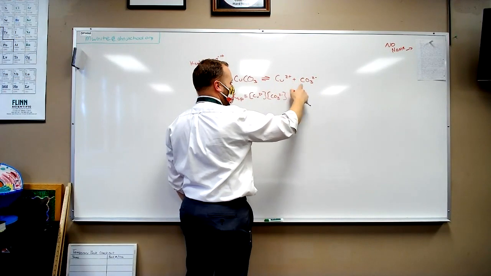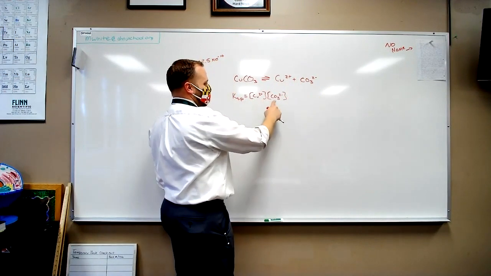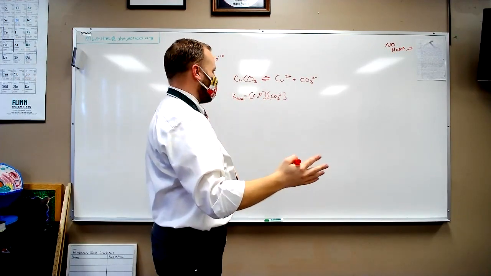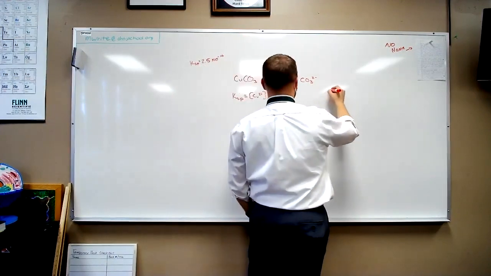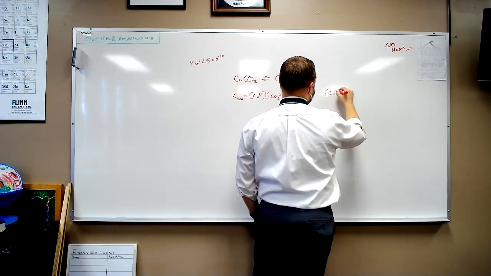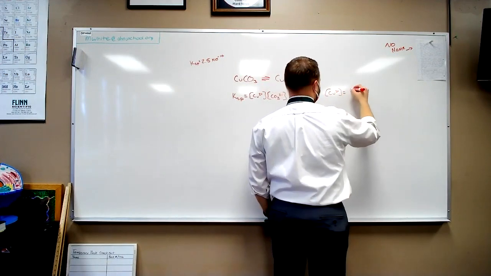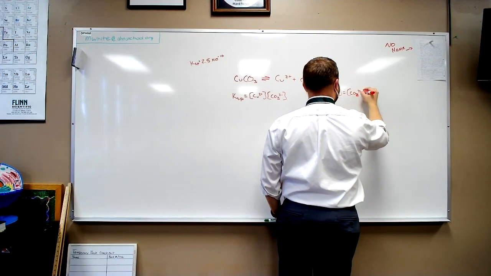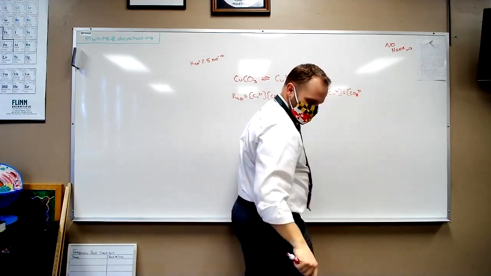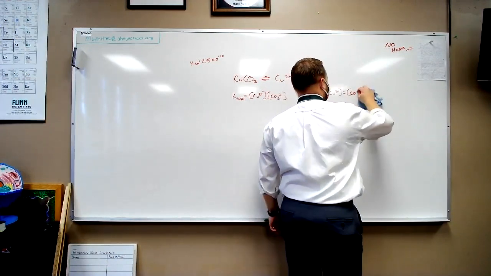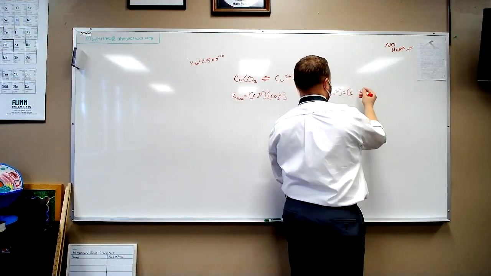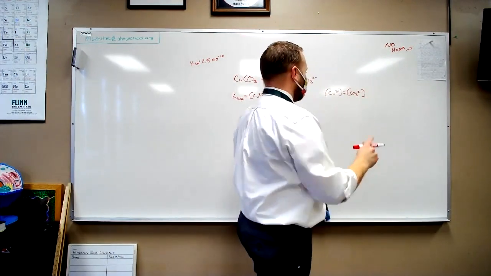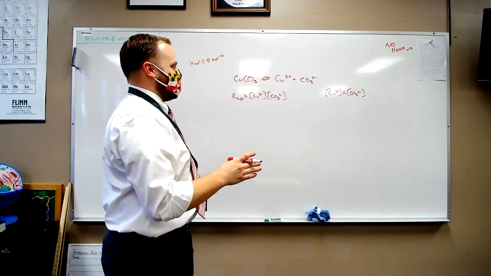So if these have the same number of particles, they're going to have the same concentrations. So we can say the concentration of Cu2+ is equal to the concentration of the carbonate. Those concentrations have to be the same because they're coming from this.